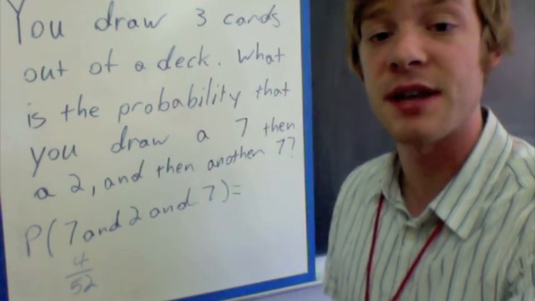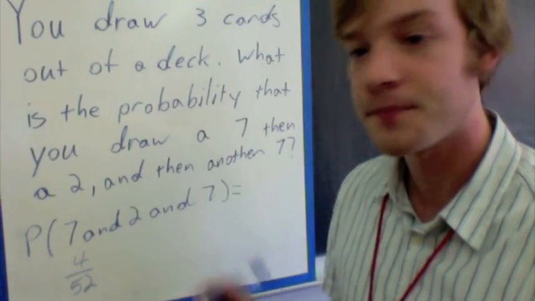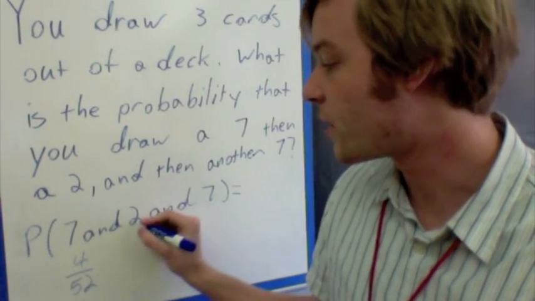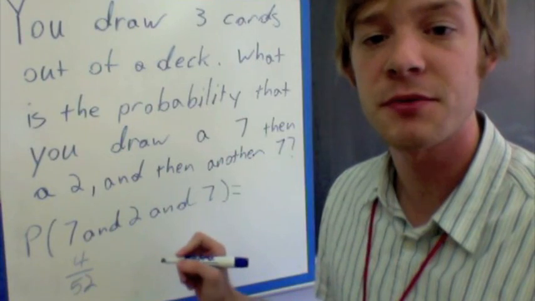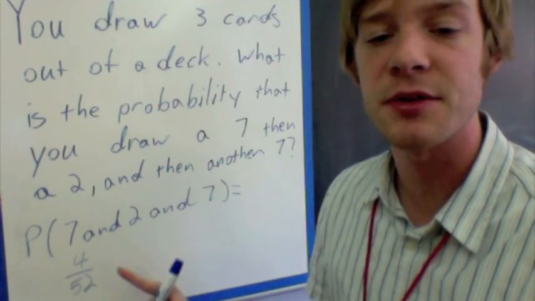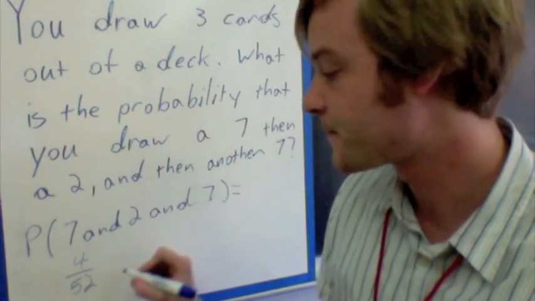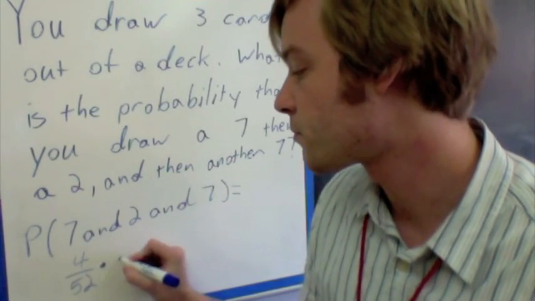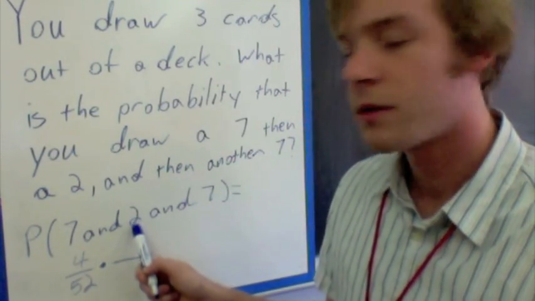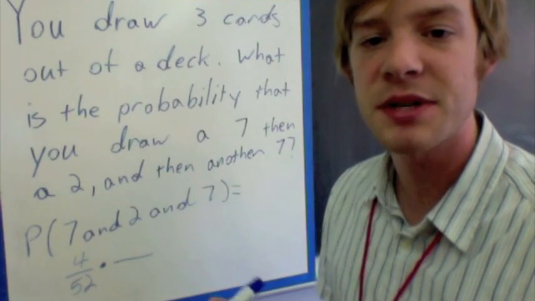Now we've drawn that 7 out. We're hanging on to it. We want to figure out what our probability of drawing a 2 is. Well, we've got the word and here, so we know we're going to multiply, so I'm going to put a multiplication symbol down here. And 2 is the next number we want to draw.